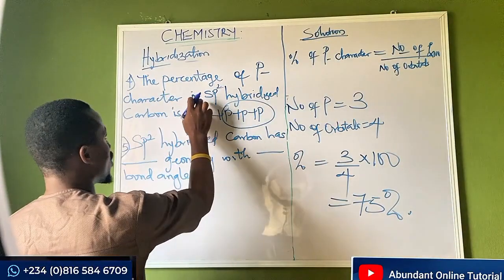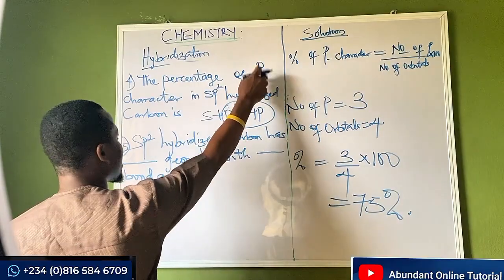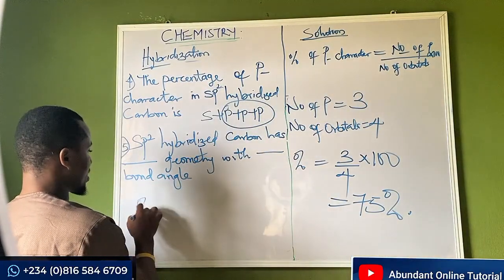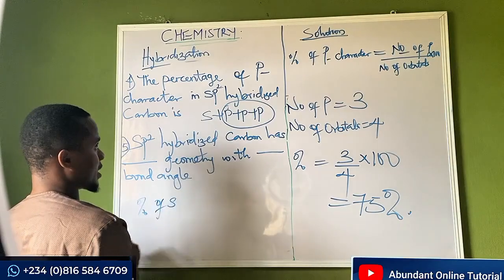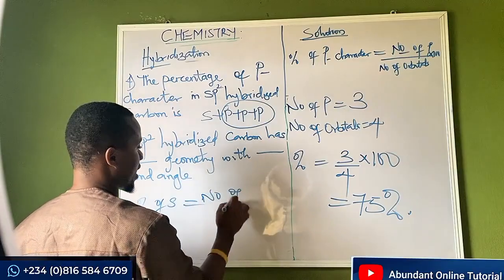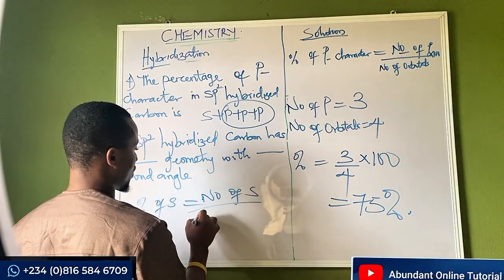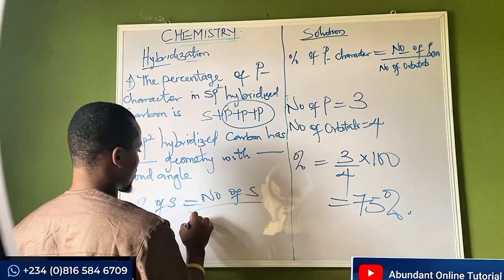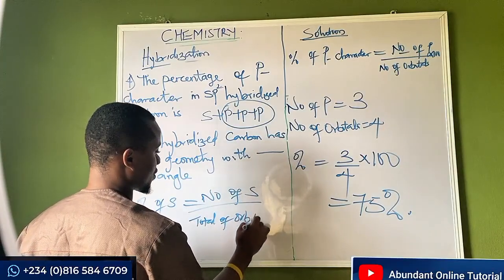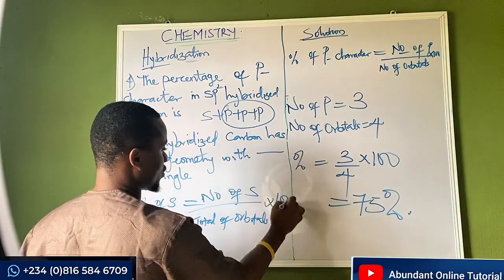The percentage of S character will be the number of S all over the total number of orbitals, times 100.